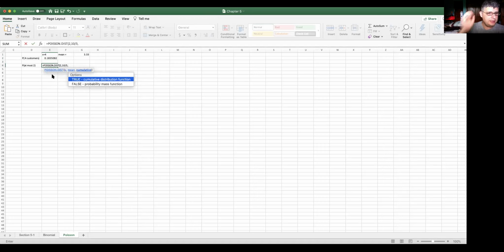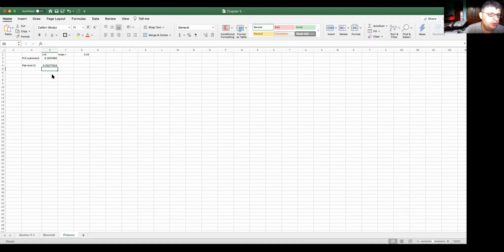And now because I want the CDF, I can put either 1 or click on true. And there is my at most 2 of 0.3527, or 0.353. And if you want to do it 3 separate times and add them together, you should get the exact same answer.